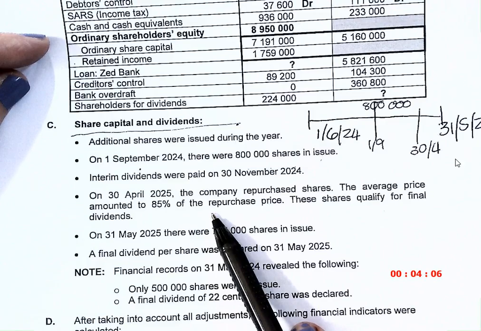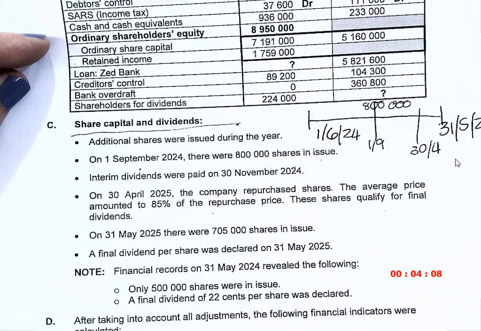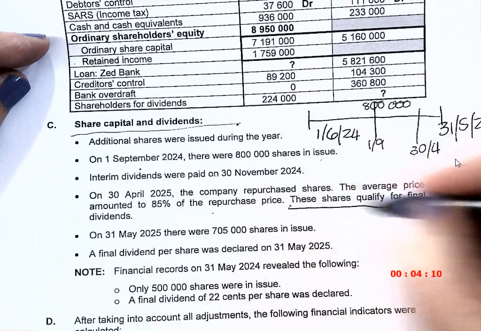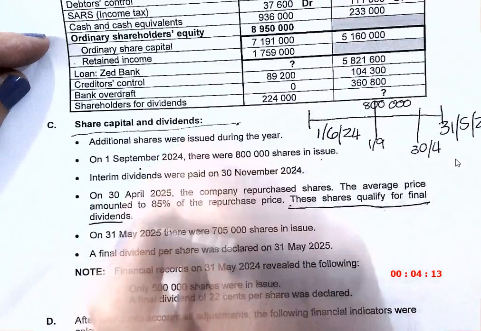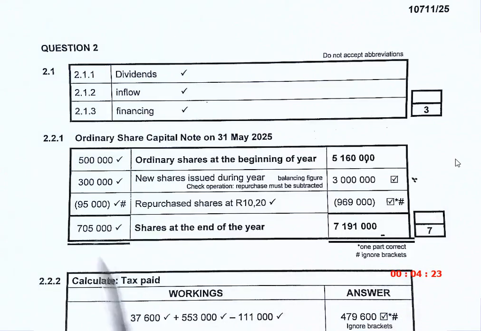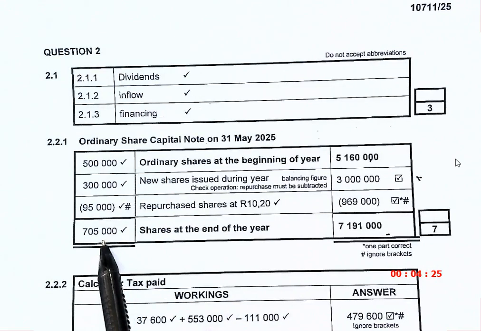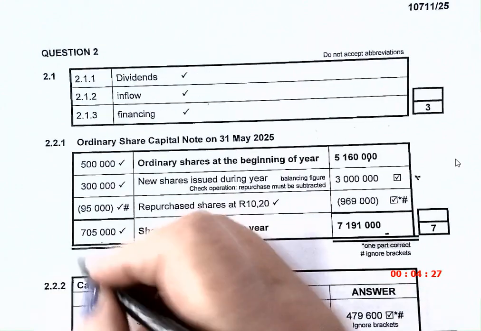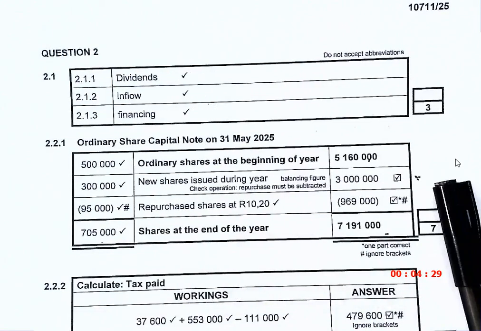These shares qualify for final dividends. This is an important one because usually these shares do not qualify. On 31st May, there were 705 shares in issue. Can you see? They give me that one. So I have something to start with. Thank goodness. So I start with that.